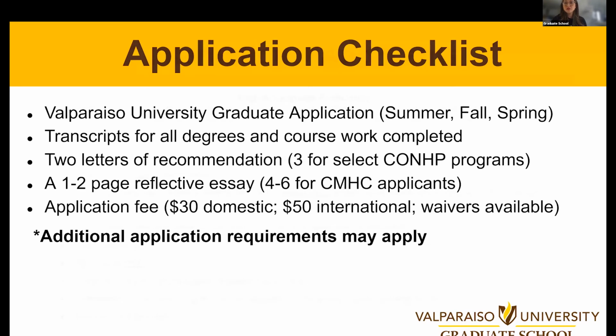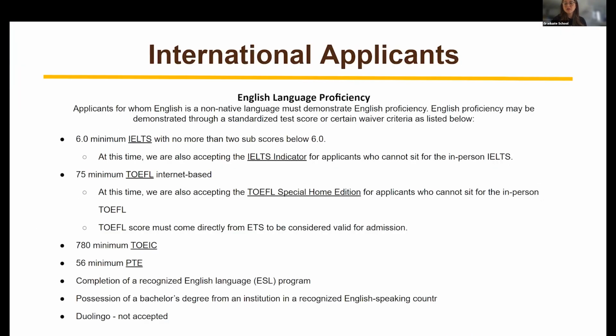Now, for those of you that are international applicants, we do have some additional materials. I did get that Duolingo question asked, and unfortunately, we do not accept Duolingo at this time. I've actually gone into a few applications to put that onto your portal so you could see that. We will require either an IELTS, a TOEFL, or a PTE. We try to list all the English proficiency exams that are accepted and that are trusted at this time.